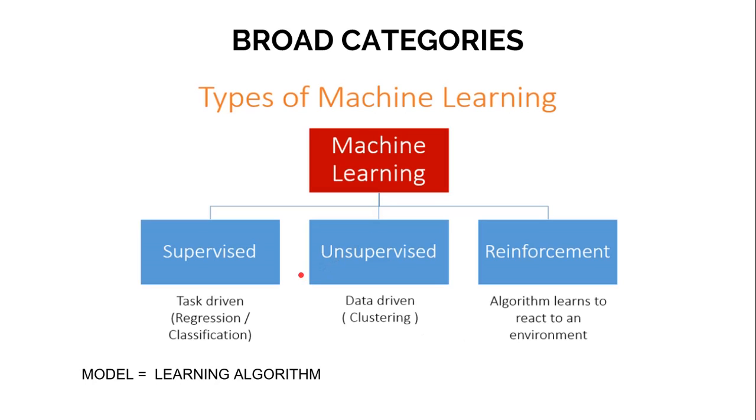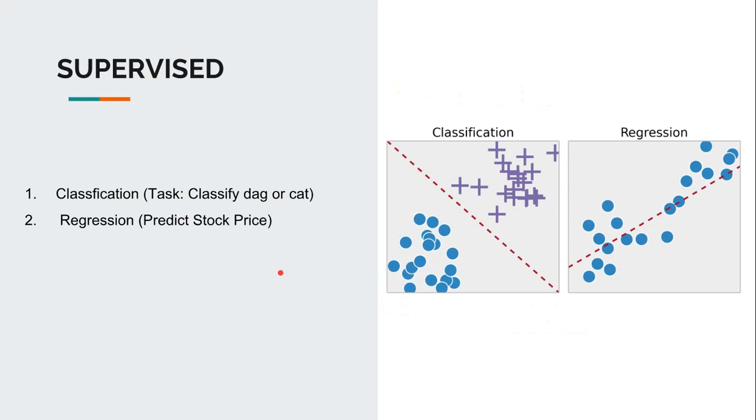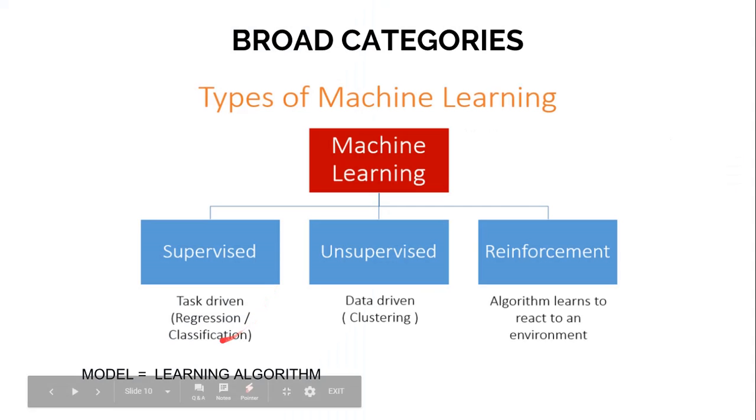The first category is supervised machine learning. In supervised machine learning, we train our model, the learning algorithm. For example, a linear regression model is a learning algorithm that learns on our data set. Let's see what it learns.